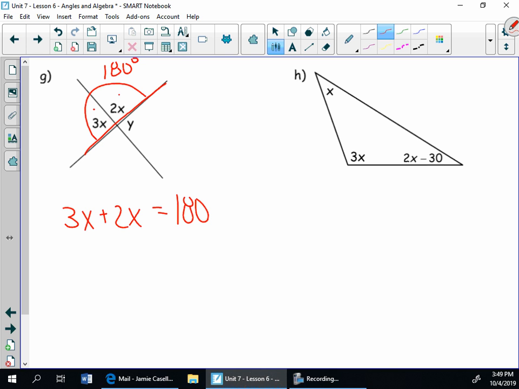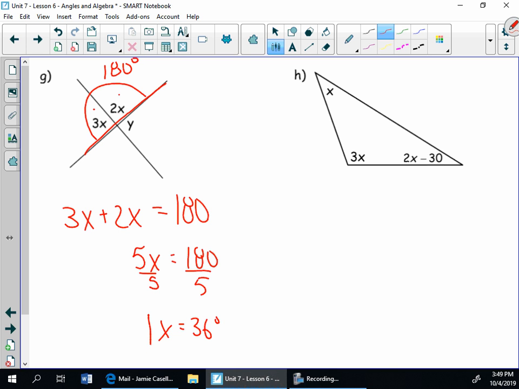Well, if I write that out like an equation, I've got something I can solve now. 3x plus 2x, those are letter things. I can combine them together and get 5x is 180. But I don't really want 5x, I want to know just x. So I divide by 5, and x comes out to 36.